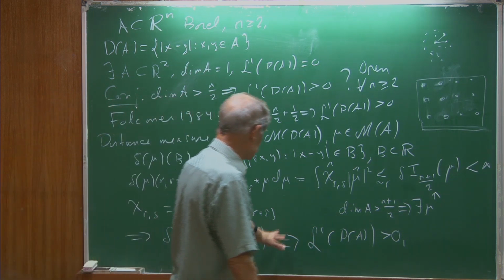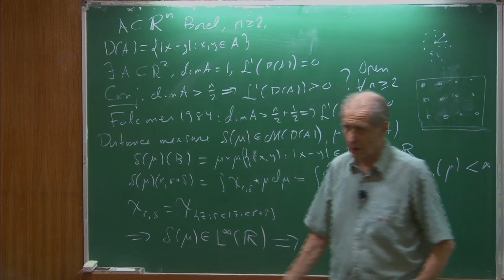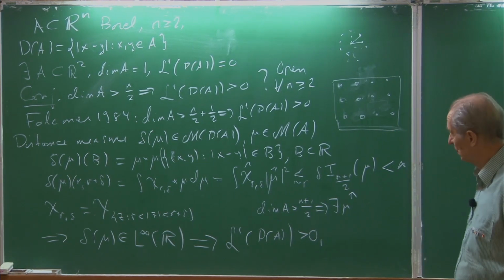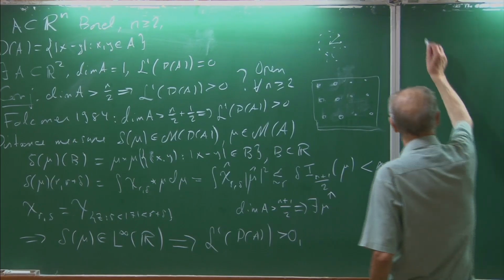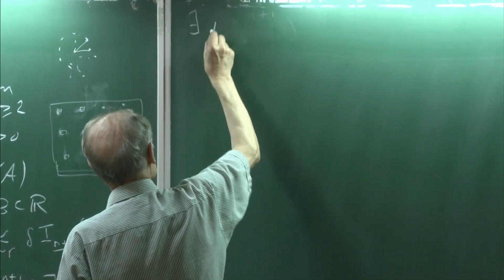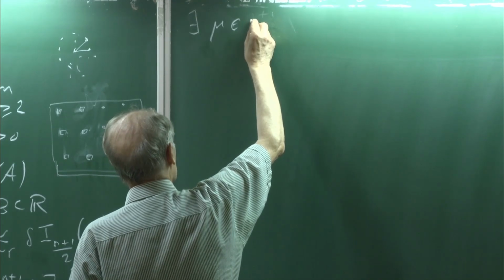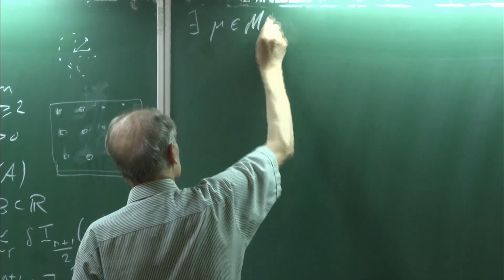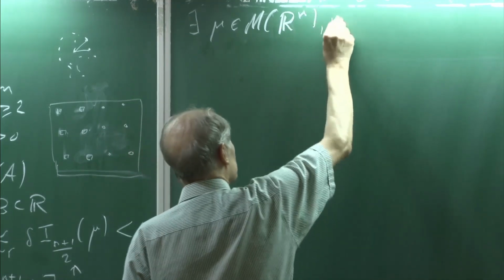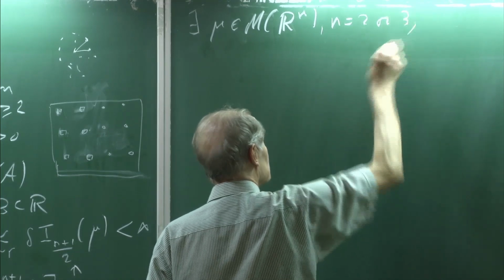Now, for this, to get delta mu bounded, (n+1)/2 is the sharp bound. So there is, or maybe I write, there is mu in measures on R^n when n is 2 or 3, then it is true.